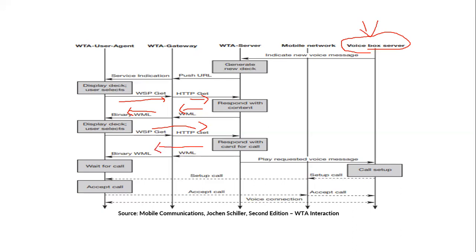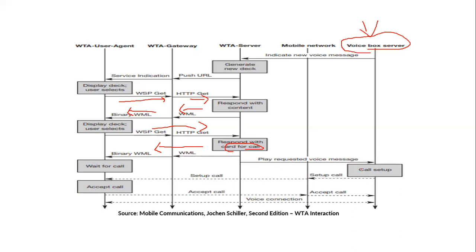Now the WTA server will respond with a call for that particular code, and the client will wait for the call. Once the call is set up, there will be a play request for the voice messages.